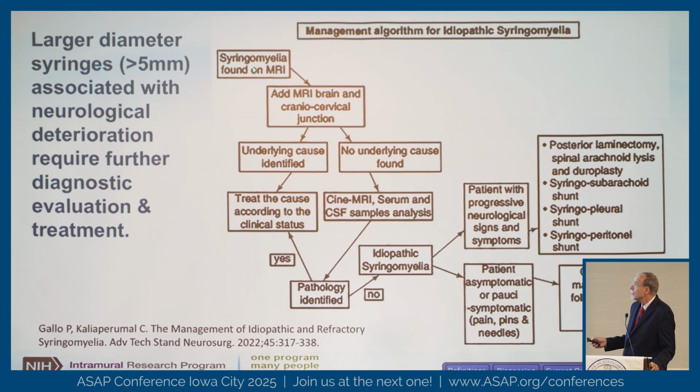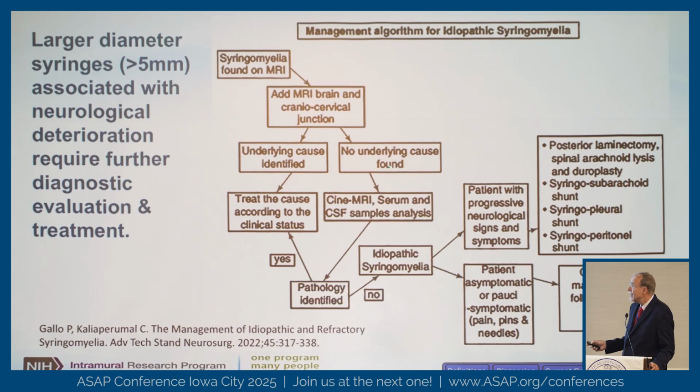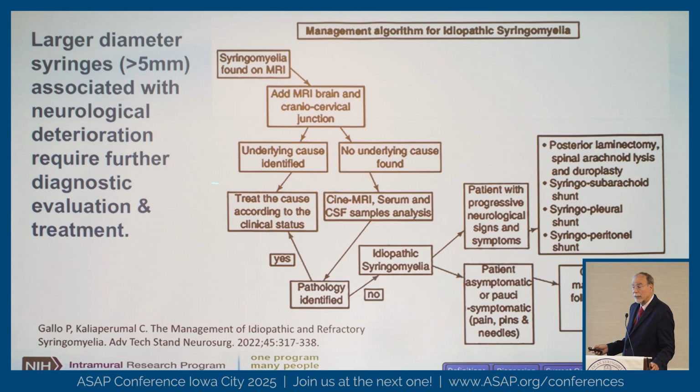You start out, you have a syrinx, you get a brain MRI, which shows the top of the syrinx or whatever, and then you follow that up. You get imaging of the whole spinal canal. And then you ask, did I find an underlying cause or didn't I? If you did find the underlying cause, you treat that underlying cause. Like if you had a Chiari, you would treat that.